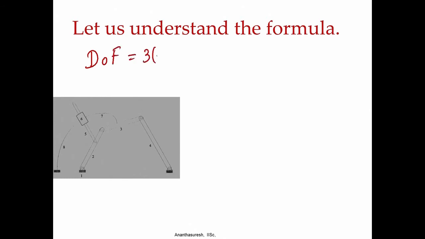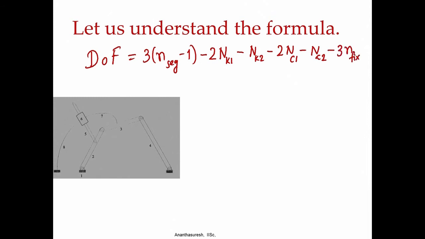DOF is equal to 3 into n seg minus 1, and then minus, if I follow that notation, 2 n k 1 minus 1 n k 2, those are the ones you can have, and then 2 n c 1 minus 1 n c 2, these are elastic pairs, and then minus 3 n fix, and then we have plus the segment compliance, that is 3 n sc 3 plus 2 n sc 2, plus 1 n sc 1.